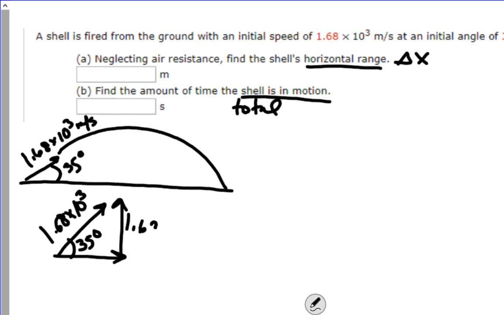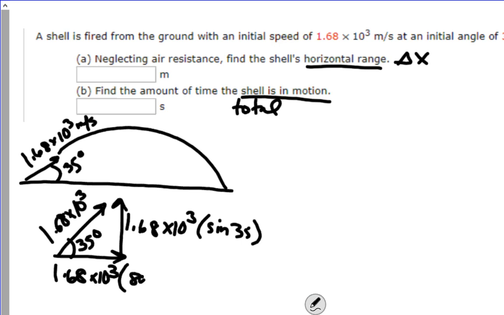So this one is going to be the opposite side. So you're going to take this and multiply it by the sine of 35. For this one, you're going to use the cosine component. So there's our velocity, and we're going to use the, whoops, I just wrote it wrong, cosine of 35. All right, and we're going to work with those values.